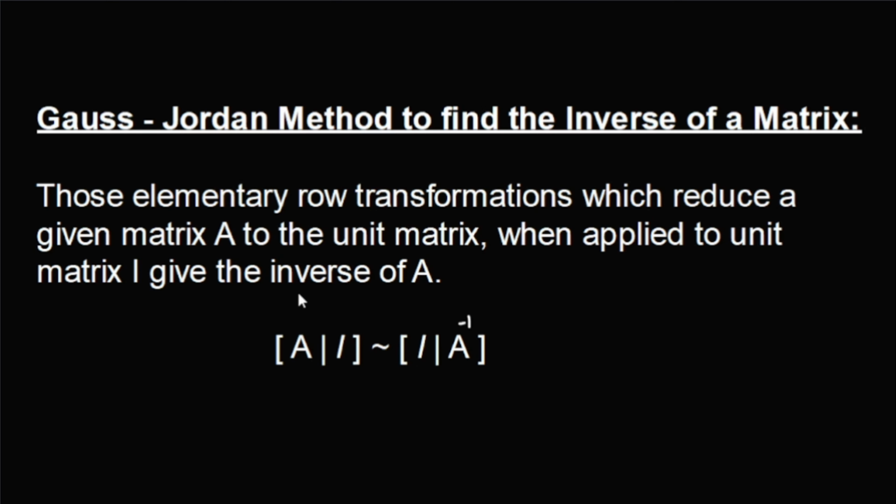Here, the Gauss-Jordan method tells us that those elementary row operations or row transformations which reduce a given matrix A to the identity matrix I, when the same transformations are applied to the unit matrix, will give the inverse of A. That means whatever operations you apply on A, you apply the same row operations on I. Then A will be converted to the identity matrix and the identity matrix will be converted to A inverse.